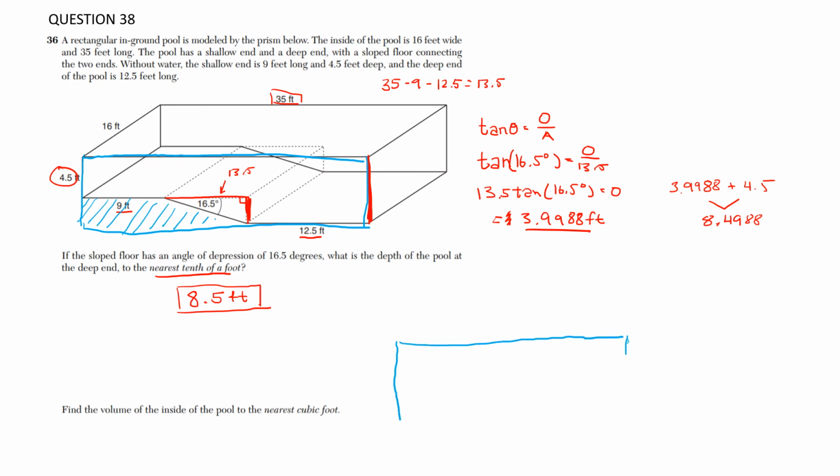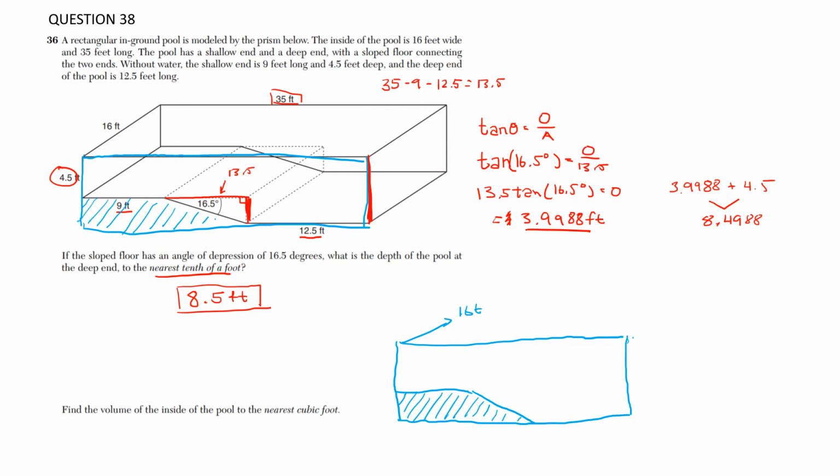So we have a cross section of our pool. I'm not going to concern myself with this 16 feet width yet. I'm just going to look at this cross-sectional area, and we know that it looks something like this. And this trapezoid is the trapezoid I'm going to subtract out from this rectangle.